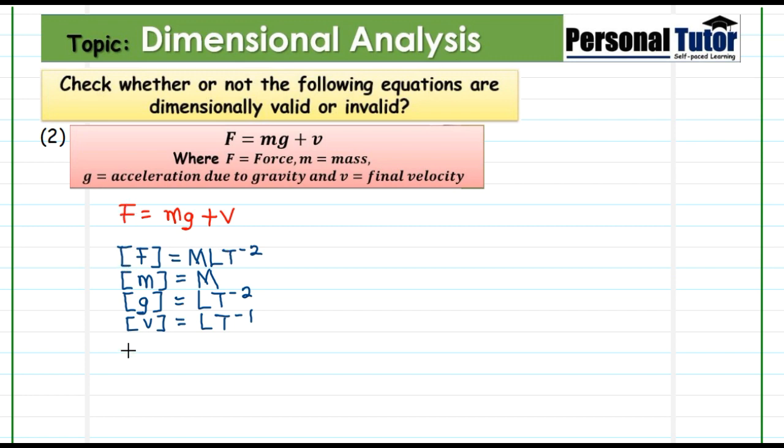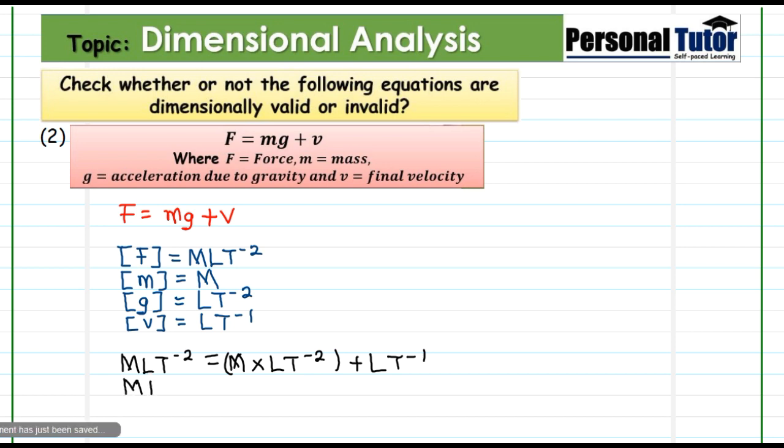For the force, we'll have MLT minus 2 equal to the product of mass, capital M, times the g, which is LT minus 2, plus that of the v, LT minus 1.